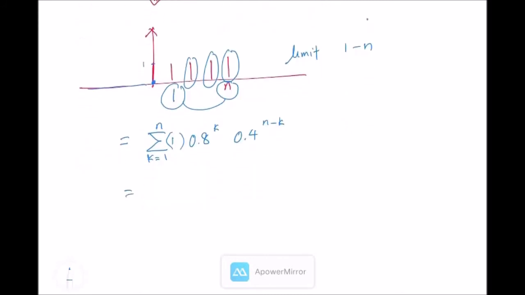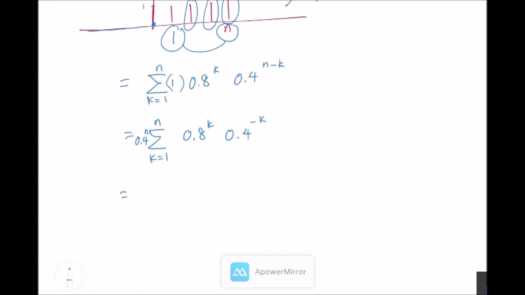So now you can simplify: 0.8 power of k, 0.4 power of minus k, and then 0.4 power of n. 0.4 power of n actually is a constant, so you can take it out.